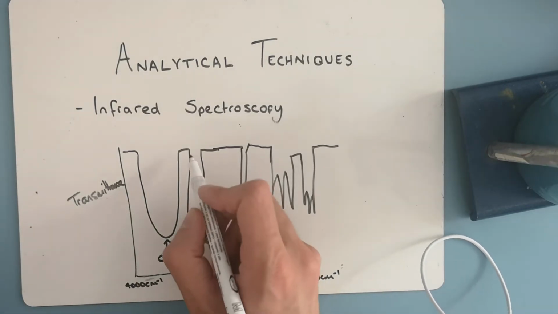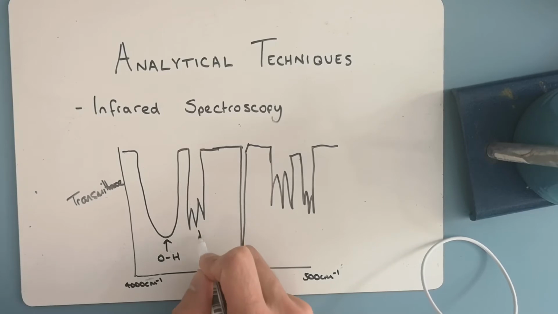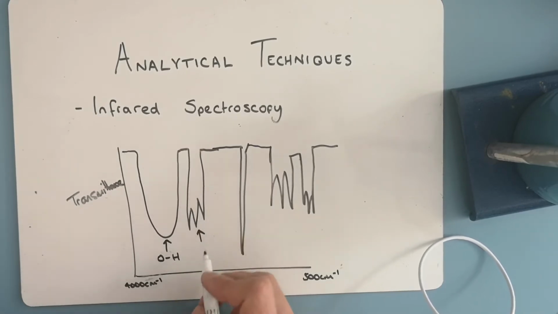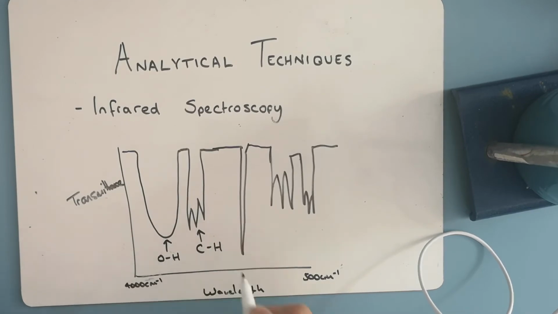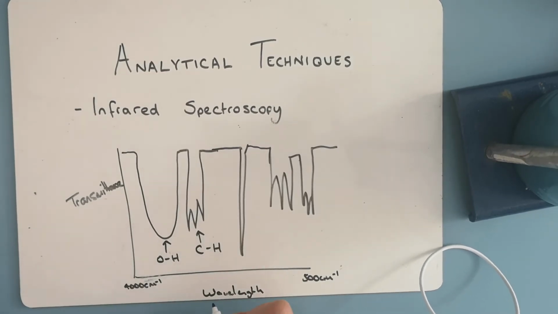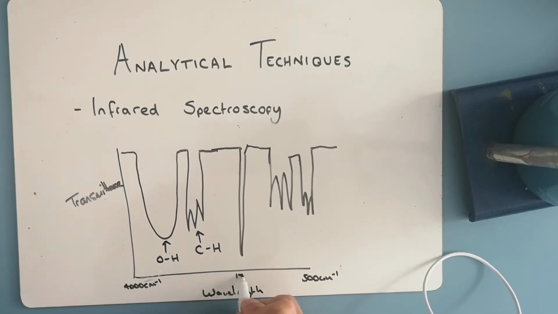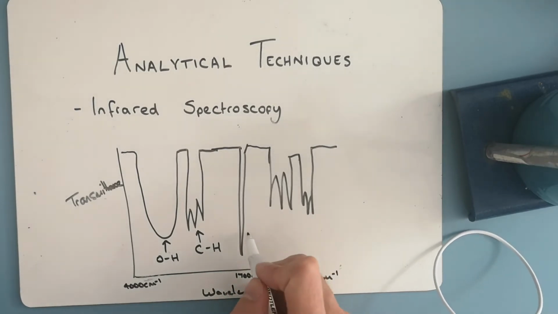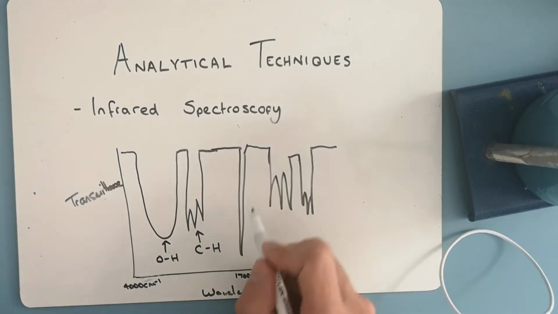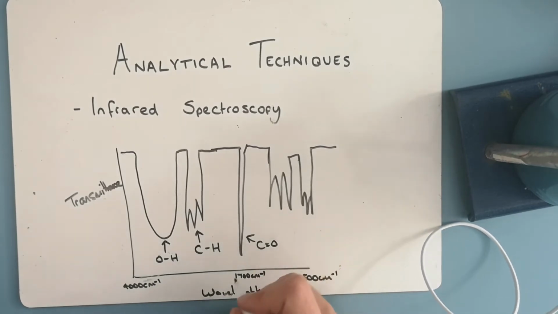Just below the O-H peak, we generally get lots of overlapping peaks because there are lots of C-H bonds in organic chemistry. And at almost precisely 1700 centimeters to the minus 1, between 1600 and 1700, we get a very sharp peak coming down, and that's our C=O peak.